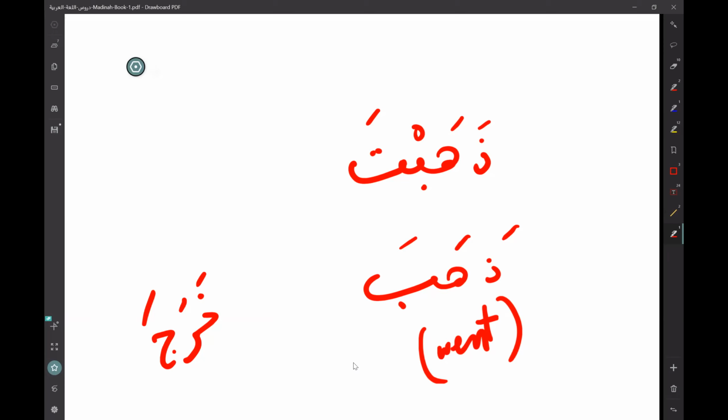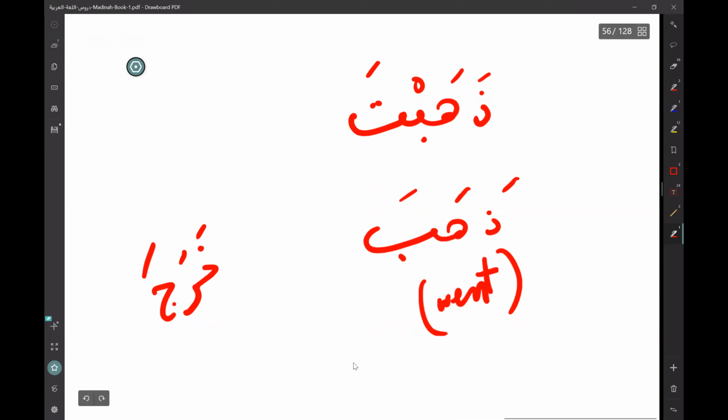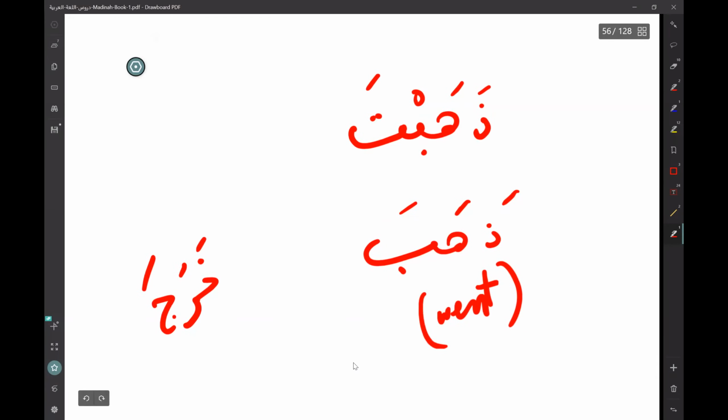The verb is to go. What is the past tense of go? Went. Leave is something else, taraka. It depends how you're using it. I just want to make sure the idea is clear. For example, went out is similar, but it has a different meaning. You went out from something, which is actually the opposite of these two words.